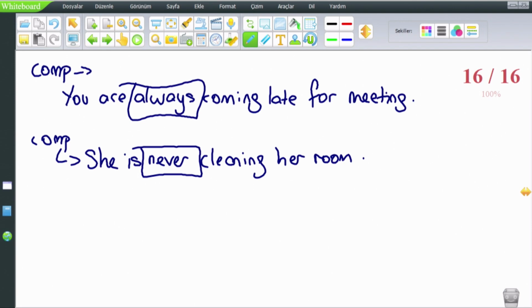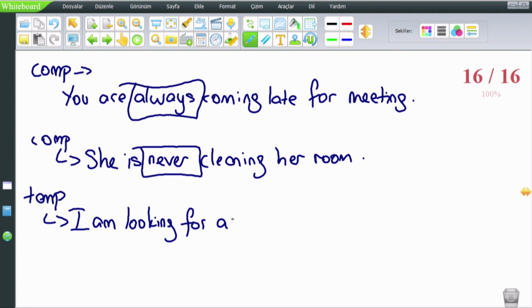Let's give an example for temporary situation. For example, I am looking for a job currently. This is a temporary situation.